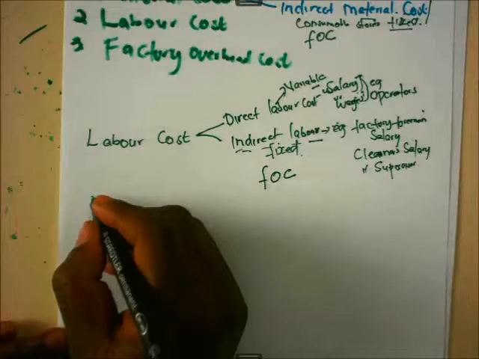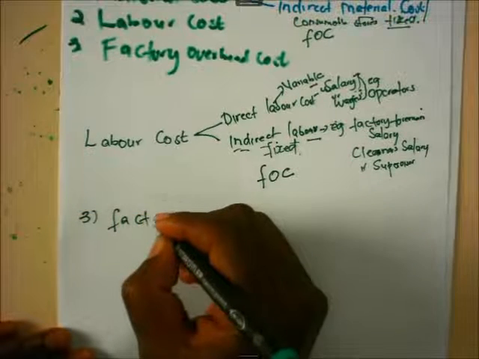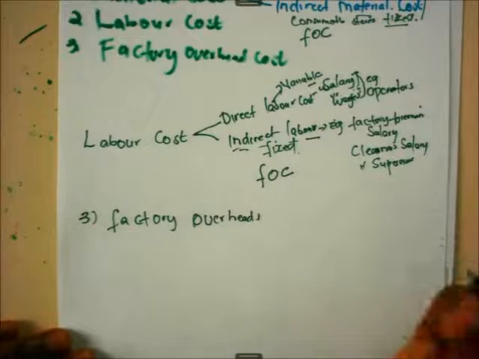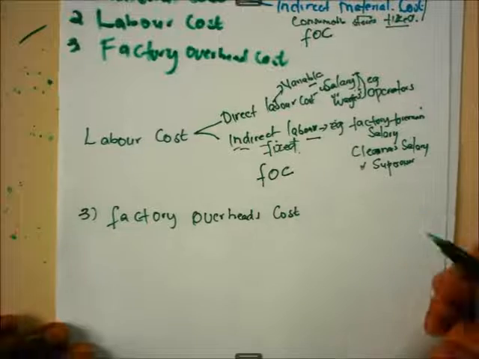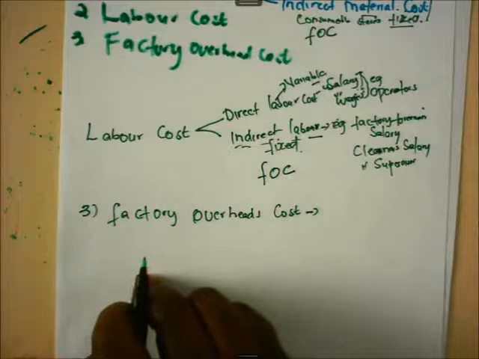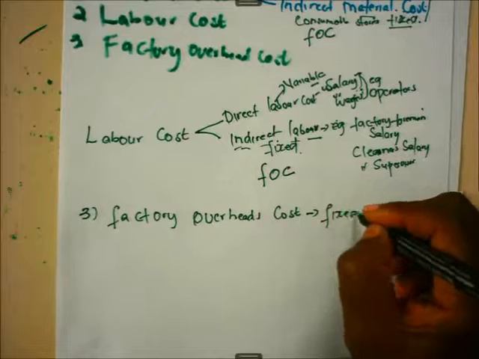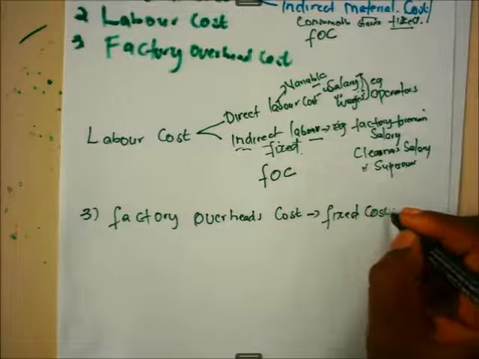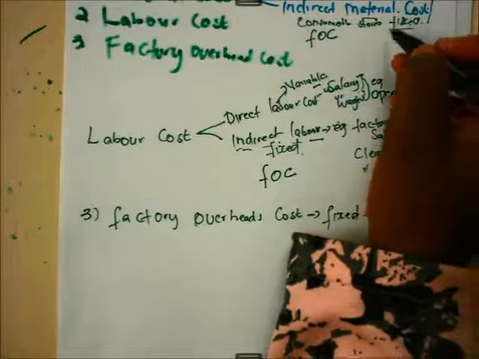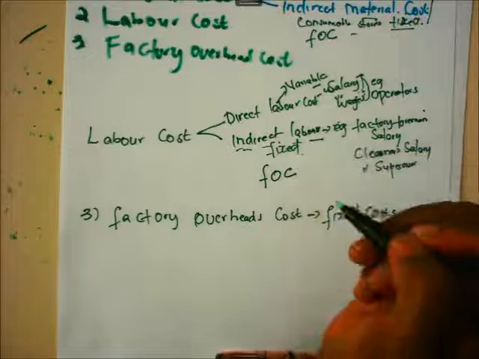The last concept or cost in manufacturing is factory overhead, or manufacturing overhead cost. These costs are indirectly involved in the production process and they are fixed costs. They remain constant. If you still remember, I said at the beginning, the indirect material cost will be recorded under the factory overhead together with the indirect labor cost.